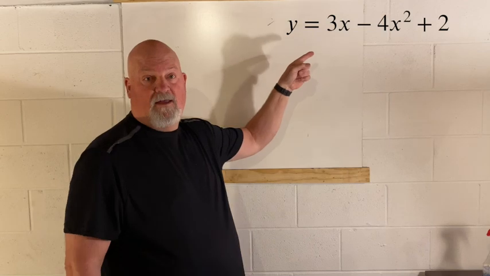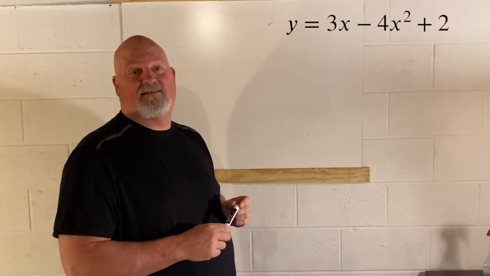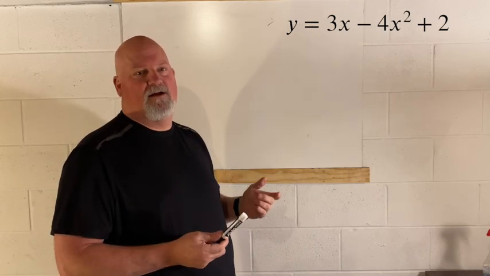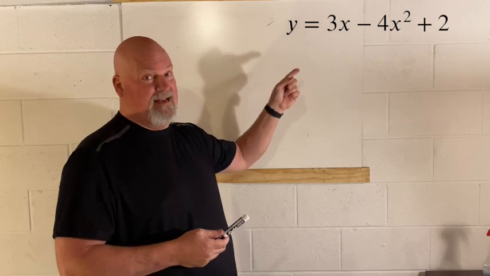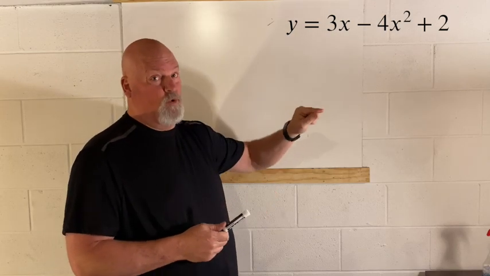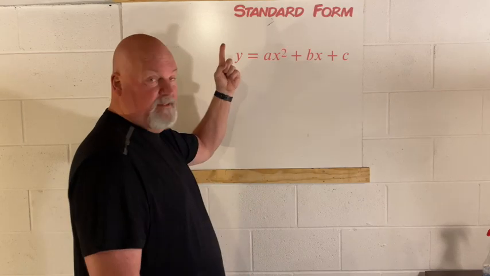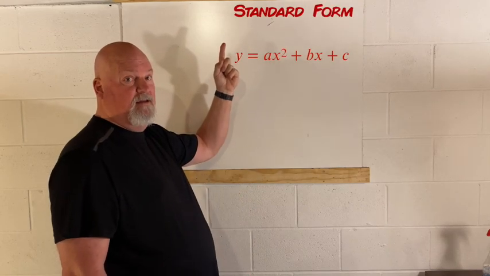Okay, let's do another one. How about y equals 3x minus 4x squared plus 2? Look, again, out of order. So we've got to get it into standard form. Remember, this is standard form right here in case you forget.